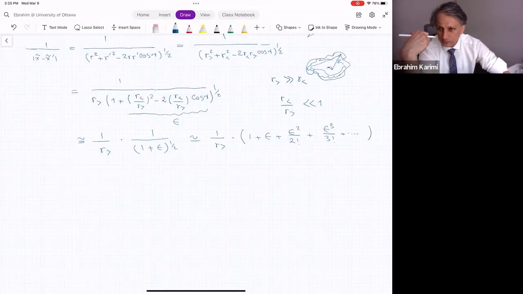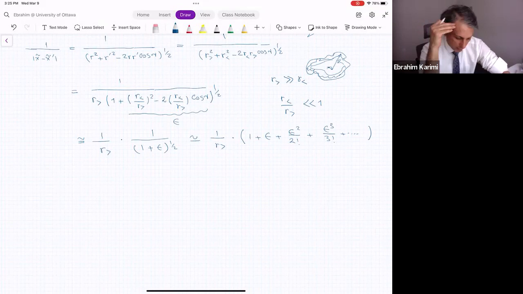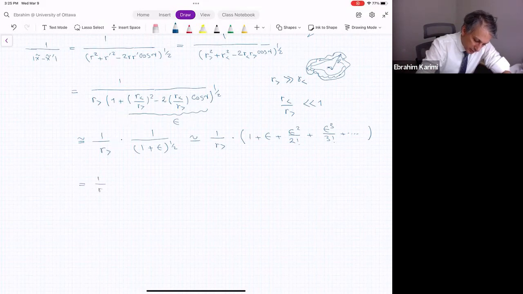Good? Assuming that epsilon is small. So let's do the expansions. Then it is 1 divided by R greater. Always we keep it with ourselves. The first term is 1. The second term is epsilon. What is epsilon?